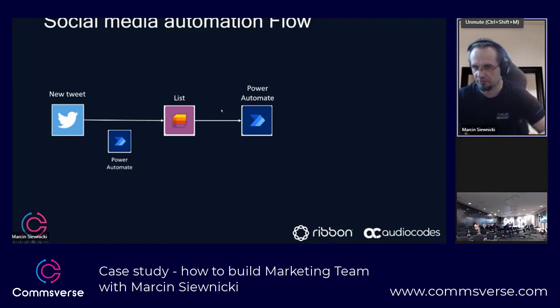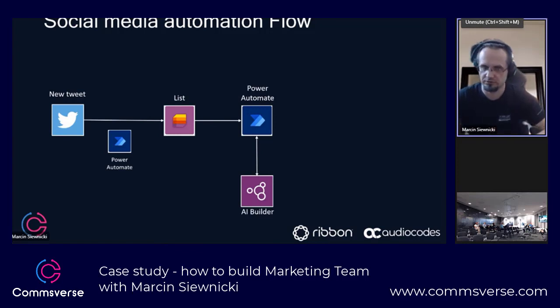But that's not all. I run another dedicated Power Automate flow and check using AI Builder if this tweet has positive or negative sentiment. So if someone talks okay about my company, or if there are some problems, some hate speech, etc. For this, I used AI Builder, a dedicated additional feature for Power Automate.